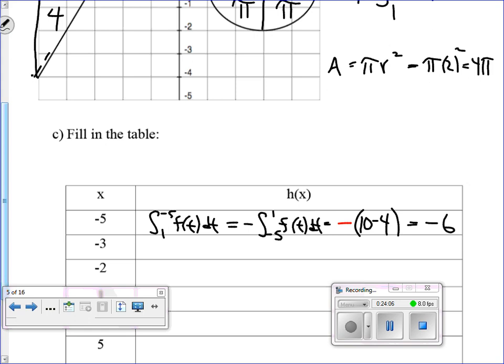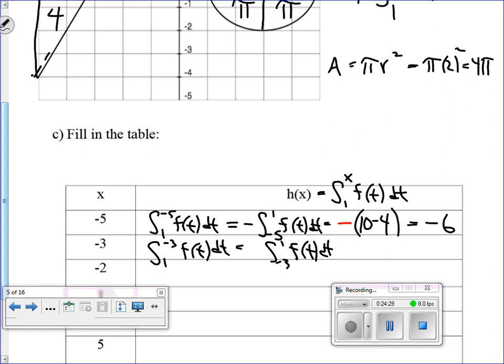Now to get h of -3, again, we're using the definite integral. This is just the definition of how this function was defined, so we're plugging it in. So that would be the definite integral from 1 to -3 of f of t dt. So once again, we got to switch the limits of integration. Then we can use the area. So when you switch limits of integration, right, we negate it. Now we'll look at the graph between -3 and 1.